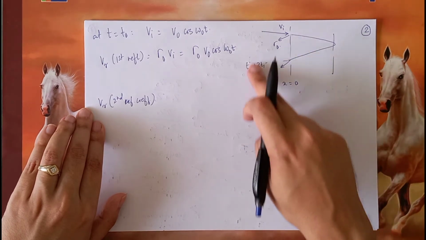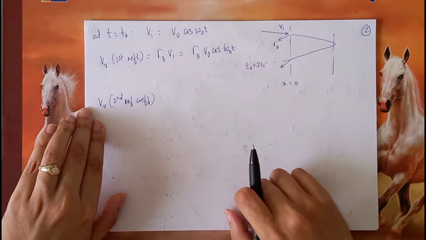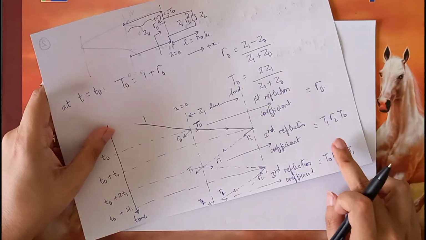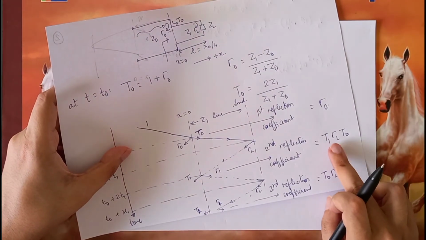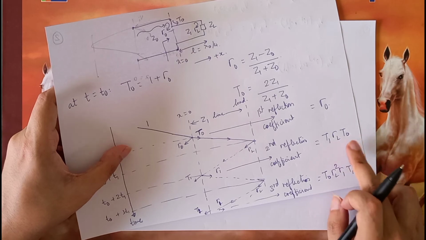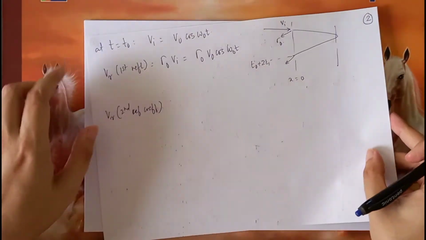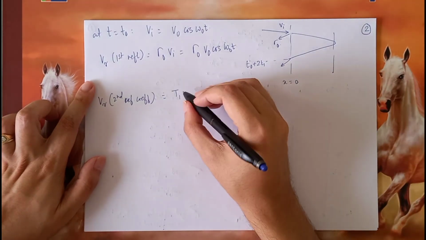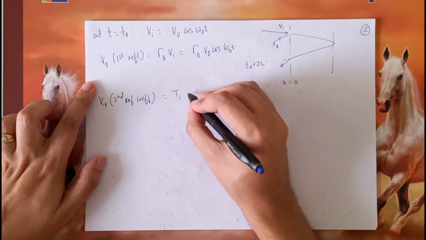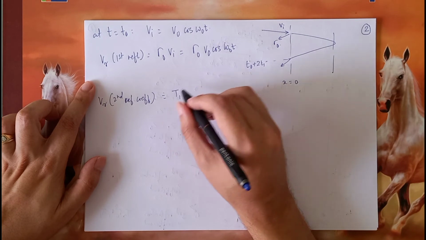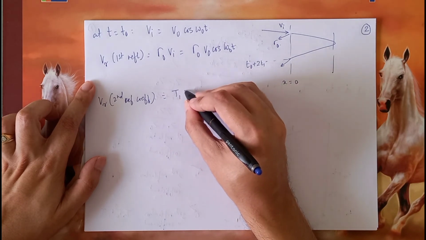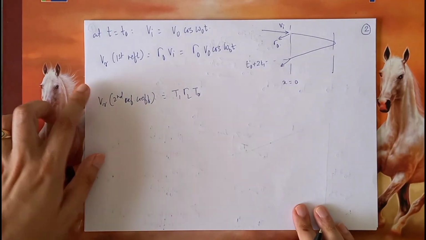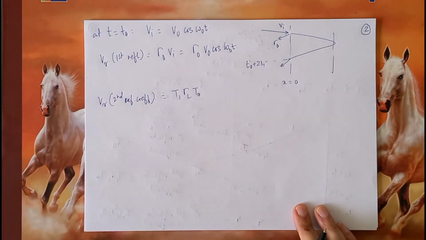That will be the net reflection coefficient multiplied by the input voltage. We just found that out. So we found out that the reflection coefficient for the second time is T1 gamma L T0. That is T1 times the voltage. Now which voltage?